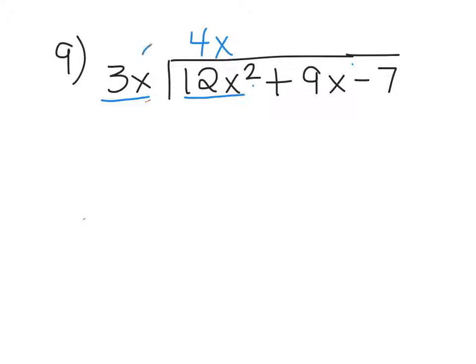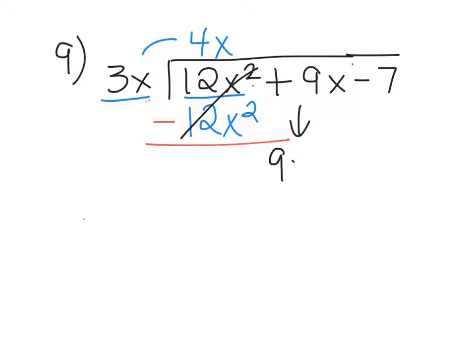So now you multiply these two. 3x times 4x is 12x squared. And we're going to subtract that. So 12x squared minus 12x squared cancels out. Bring down the 9x. Ask yourself, 3 times what is 9?